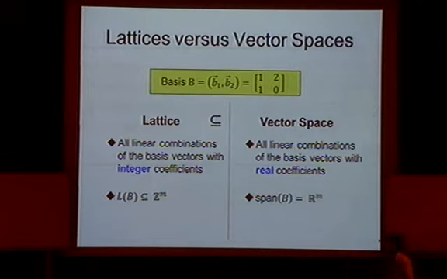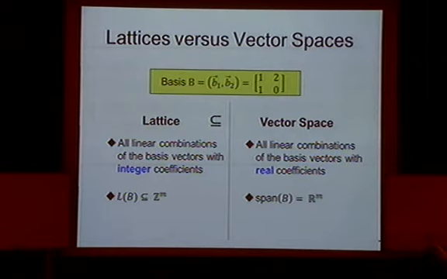You look at this definition and say, this looks familiar. Why does it look familiar? Because there is a very related notion of vector spaces over the reals. You have two basis vectors, and you take all linear combinations of them with real coefficients. This is a vector space over the reals.